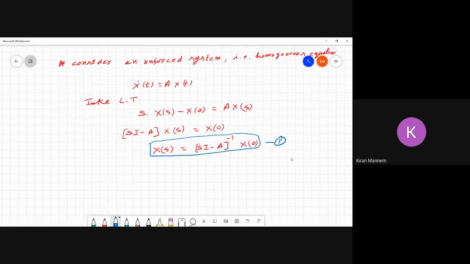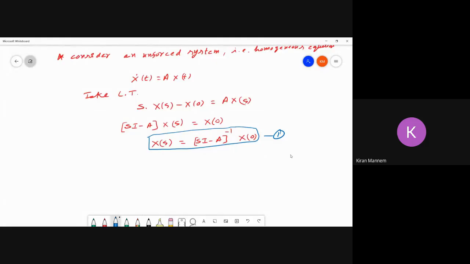So here I got some matrix inverse. That inverse matrix is called pi of s. In the time domain it is pi of t, that is the state transition matrix. Now it is called pi of s, which is sI minus A inverse, which is called the resolvent matrix.